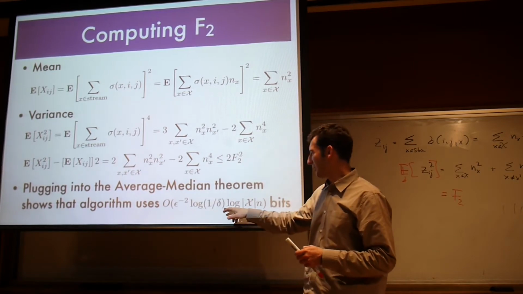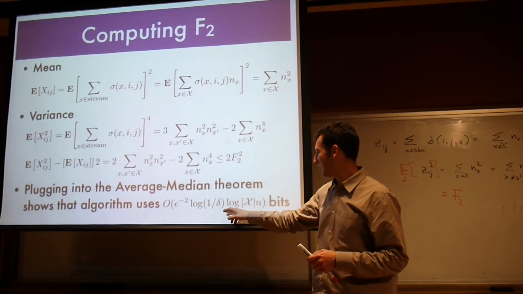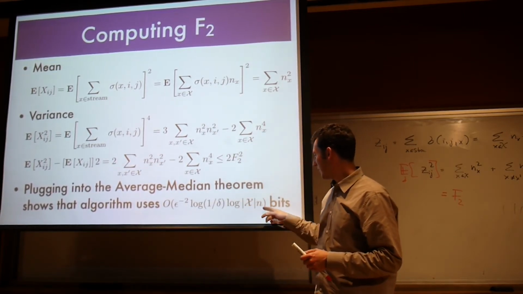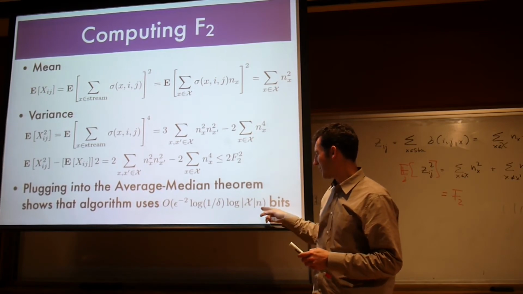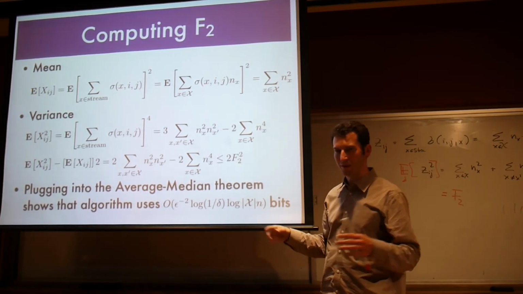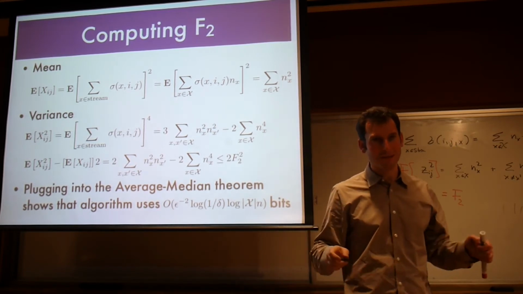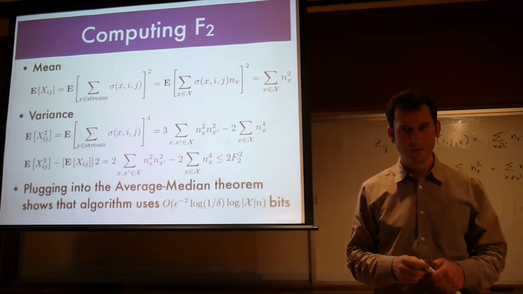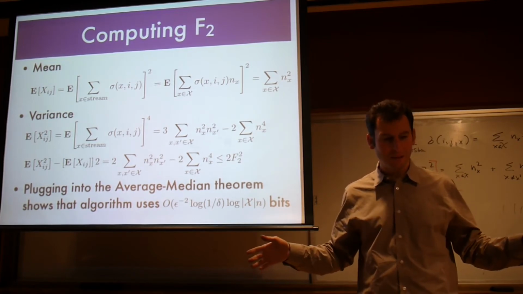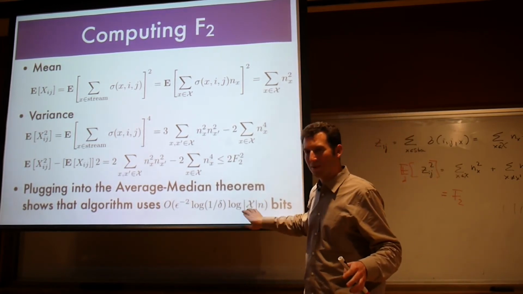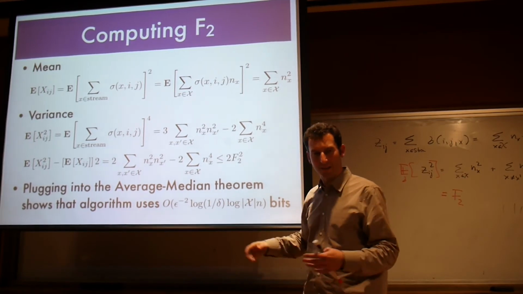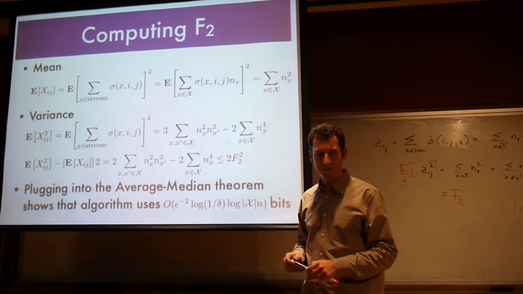This log delta was what we got from the Chernoff bound, and then here you get the term that just depends on how many bits you need to actually store the counters and to actually recognize different symbols. Because if I have x many different symbols, I need at least a code that has length log x.